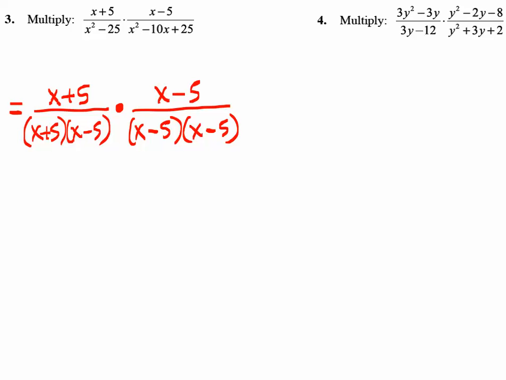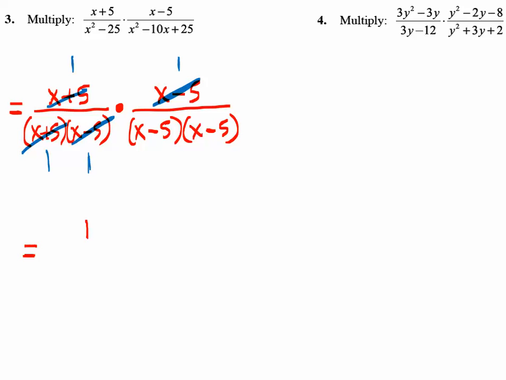Okay, and cancel off whatever you like, top and bottom, as long as they're the same. Alright, got x plus 5 here, x plus 5 here, gone. x minus 5 gone. So hopefully you all have two x minus 5 factors.